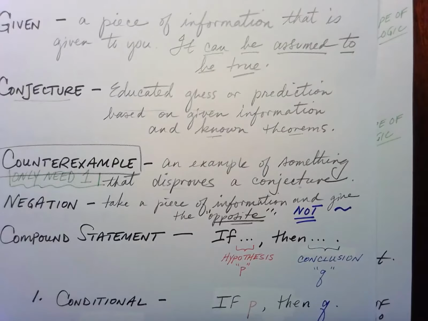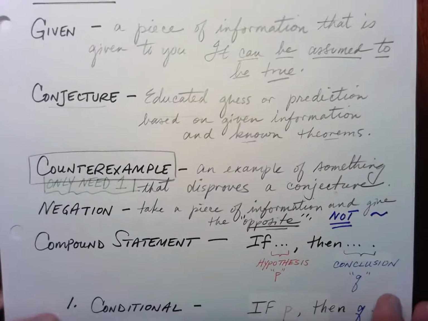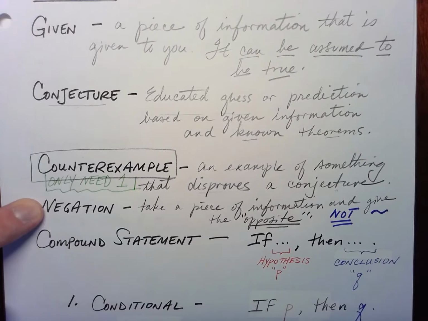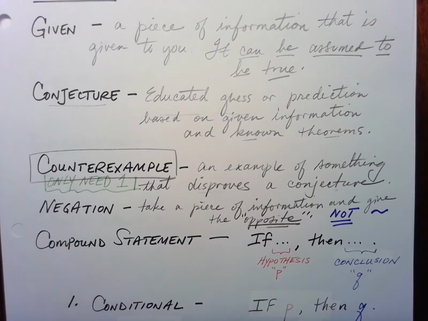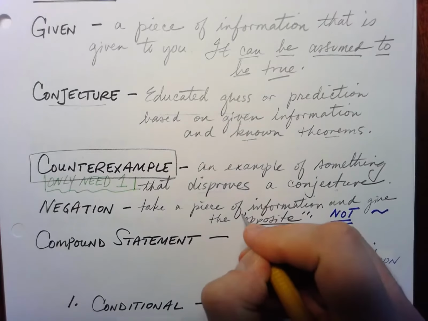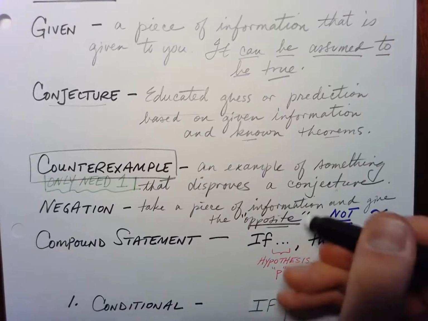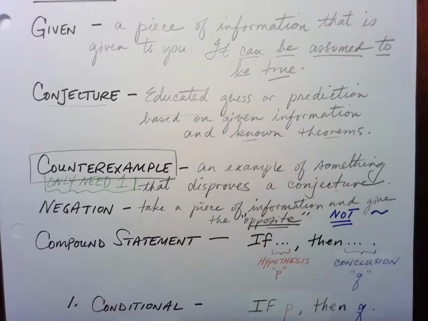Okay, that's the symbol. So if the given information is that it's sunny outside, the negation of that would be that it's not sunny outside. Okay, so it's not really the opposite, but you can kind of think of it as the opposite. But just remember, I'm putting this in quotation marks because it's not actually the opposite. I'm just using that as a figure of speech.